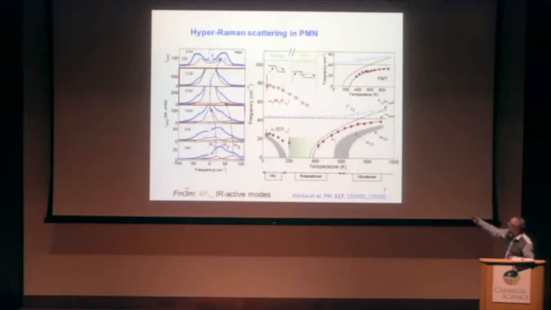But there is another component which is much softer, and it goes to zero at 400 Kelvin, and in this range it is not seen properly because of difficulties in the experiment, but at low temperature it is again seen.